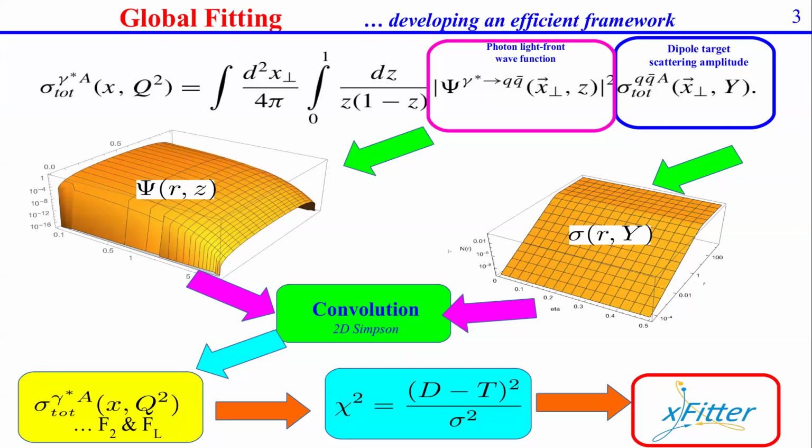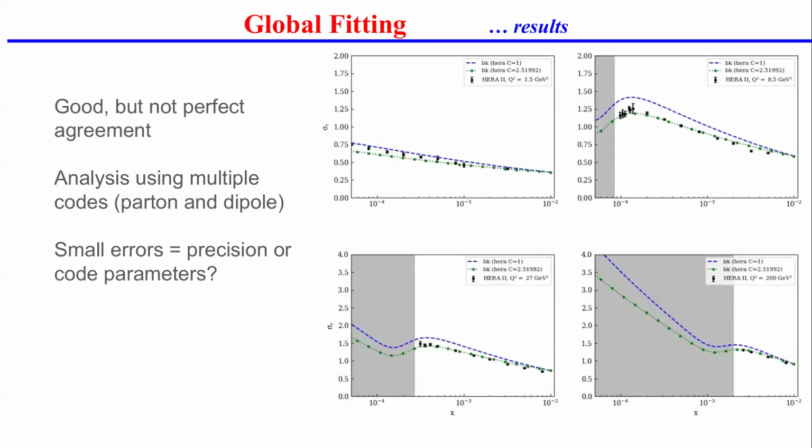This is not Lattice QCD, we're just gridding this so that we can then do a convolution to get our sigma total value. And then from that, we can calculate any parameters you would want, such as our FL functions. We eventually plan to be able to calculate the chi-squared and plug it into XFitter to open up a large range of analysis. Right now, we have some preliminary results here.